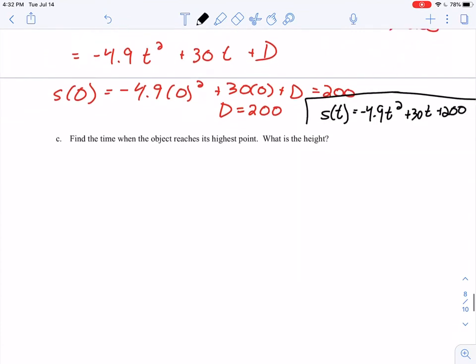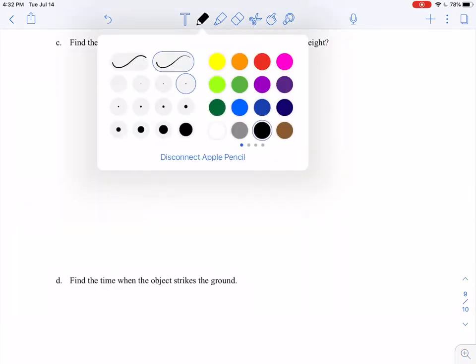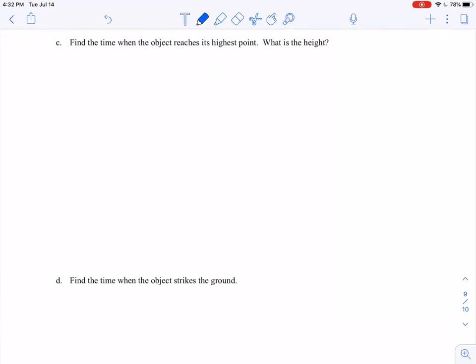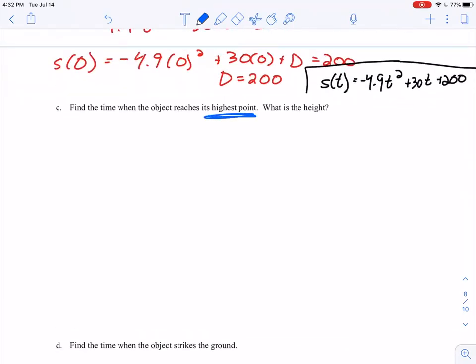Part C says find the time at which the object reaches its highest point and what is its height. So here, if I want to find the time at which the object reaches its highest point, you can think about this a few different ways. Highest point.